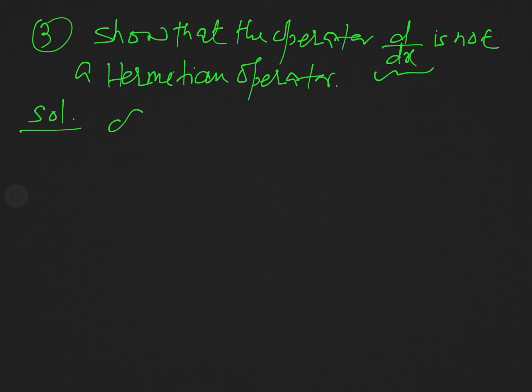So let us say this differential operator is a hat. You may write a hat equal to d dx. We suppose it. So now what will be bracket of psi 1 a hat psi 2?